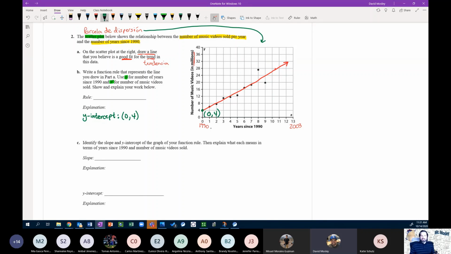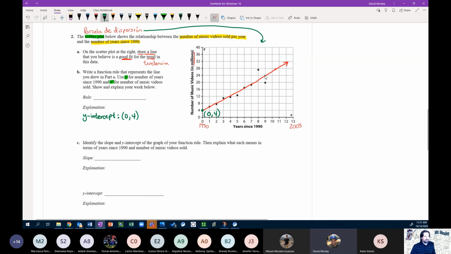So now we need to pick a second point so that we can find our rate of change. And it doesn't need to be one of these points that's not on the line. I just need to pick a point that's on my line.